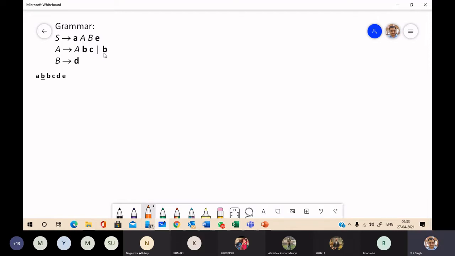Suppose this is the grammar, and this is the string to be parsed. We start from the string A, B, B, C, D, E, and look for a match of the right side of any production.